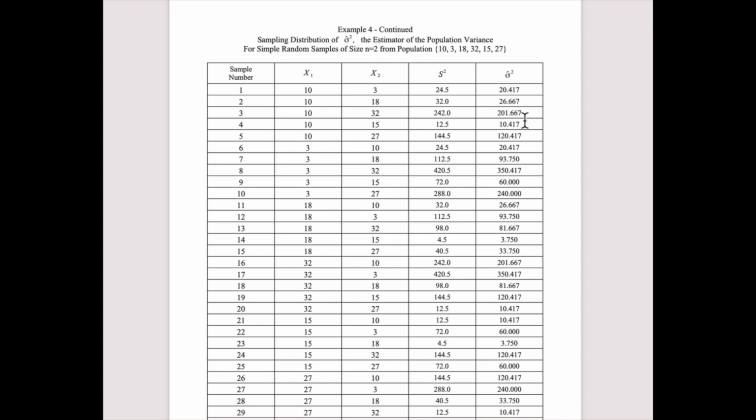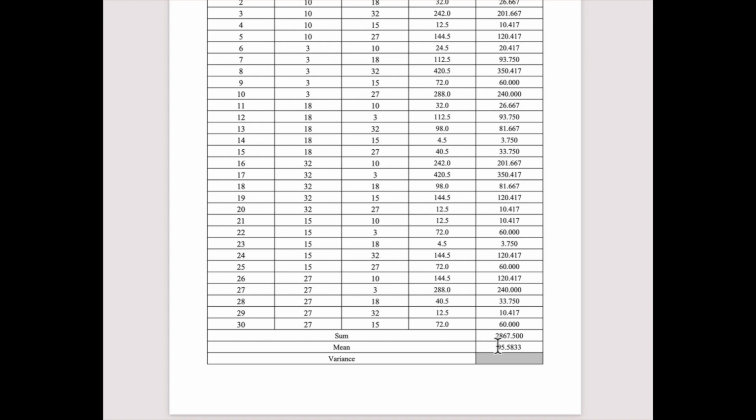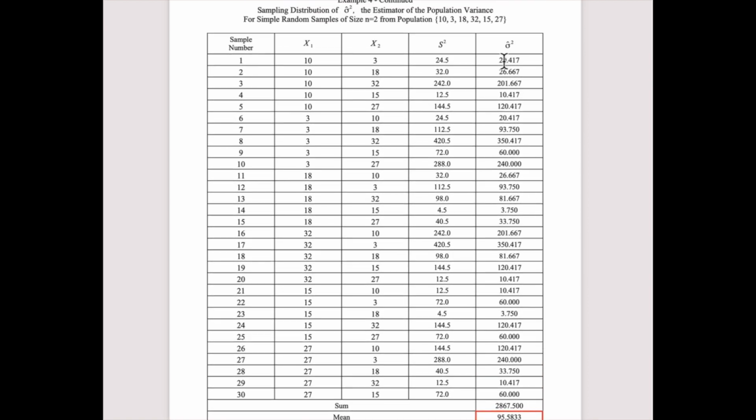These are the values for sigma hat squared for each of the 30 samples. When we calculate the average of these values, we get 95.5833. That is the mean of the sampling distribution for sigma hat squared for simple random samples of size 2 from this population of 6 values.